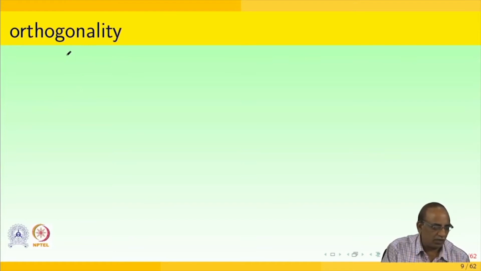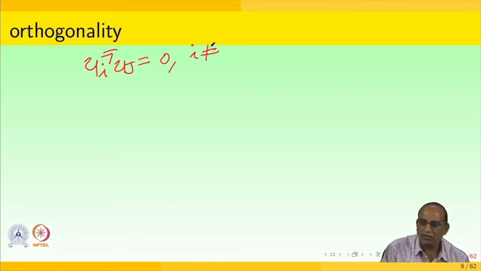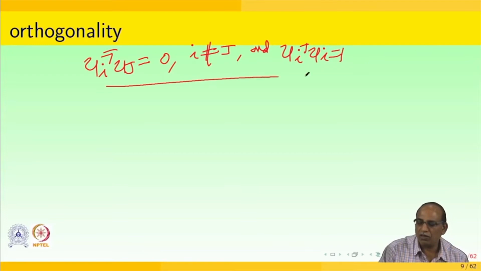So u_i transpose u_j will be equal to 0 for i not equal to j, and u_i transpose u_i is equal to 1.